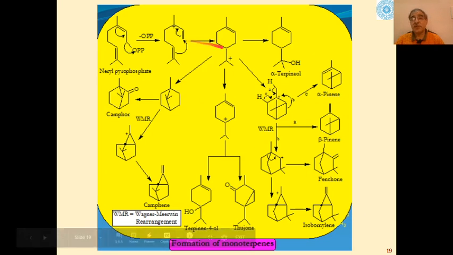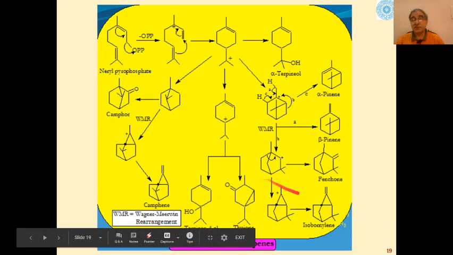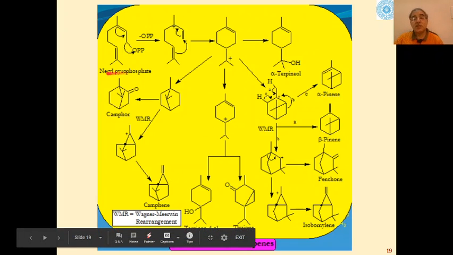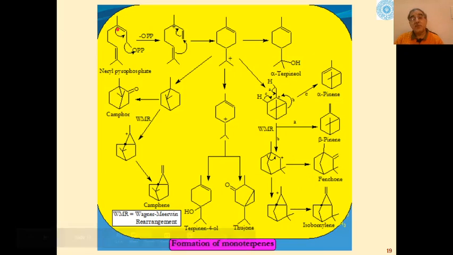So these are the different types of terpenes which can be formed in different ways from this condensation of IPP and DMAPP. We can get neryl pyrophosphate, then with the movement of this double bond and elimination of this phosphate, we will get this type of carbocation.